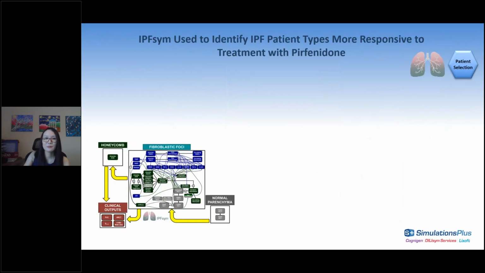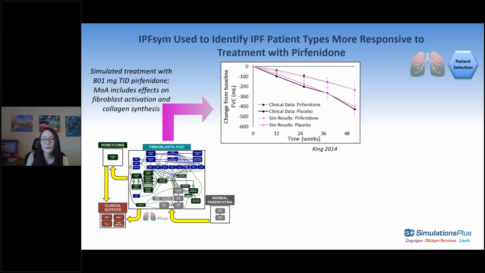The last example here is where we used IPF-Sim, where the QSP modeling was used to identify the sub-patient group who would be more responsive to treatment effects of pirfenidone.